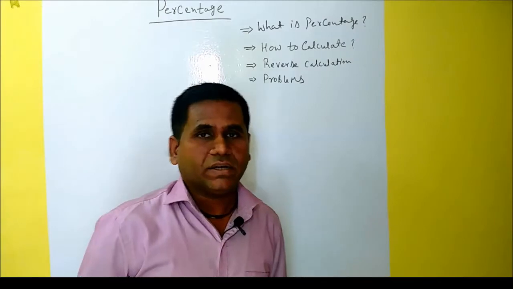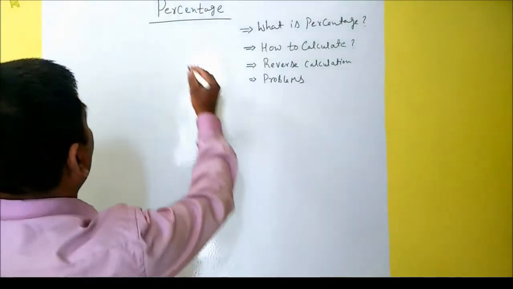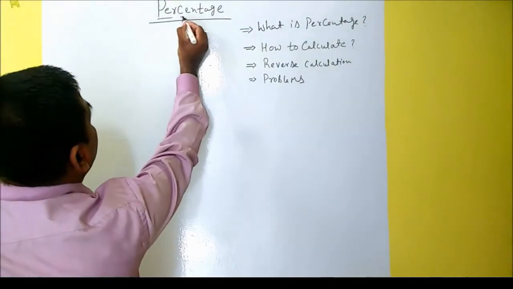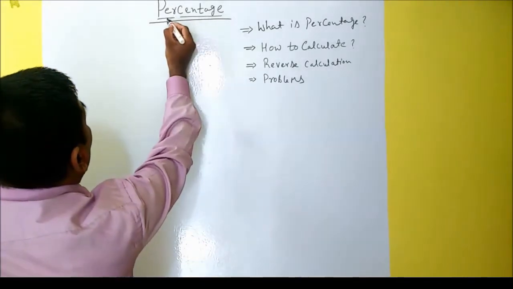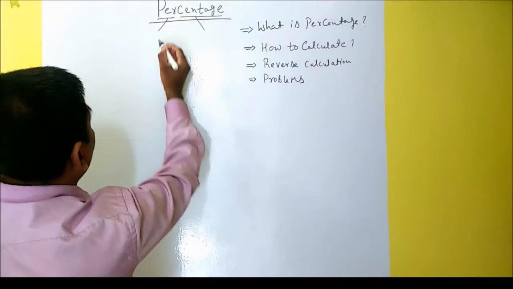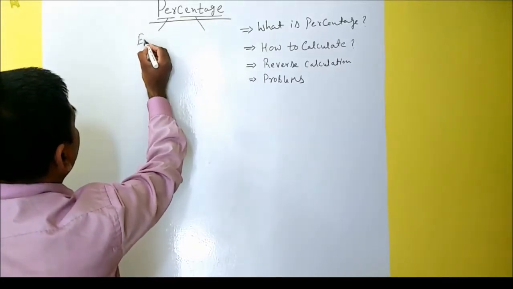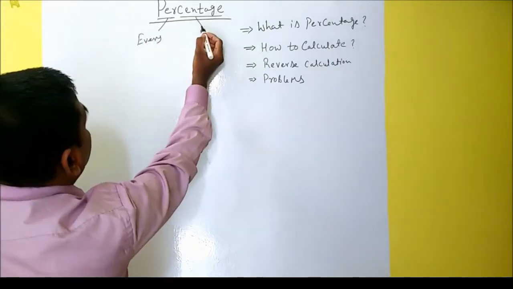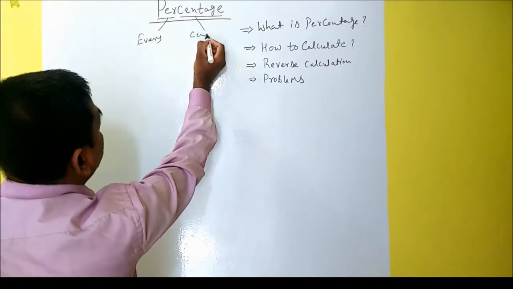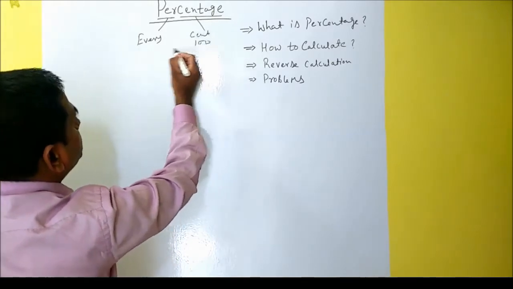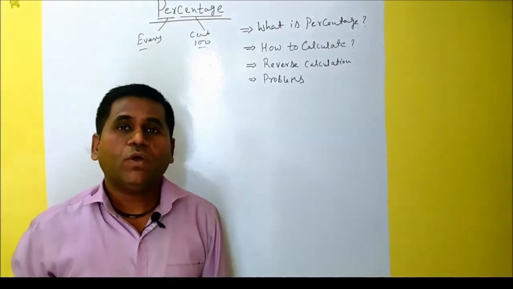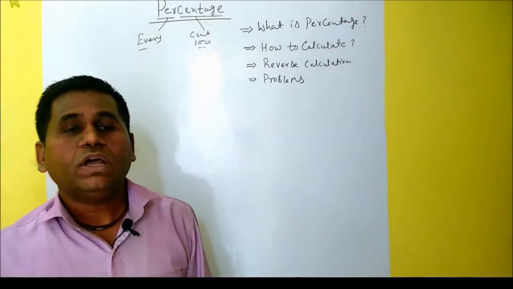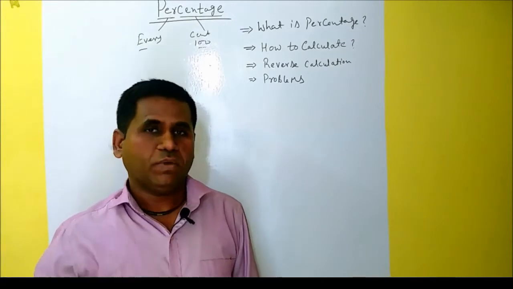So let's get started. The word percentage is made up of two words, per and centage. Per means every, and cent means 100. So when we are calculating percentage, we are finding out of 100 how many.